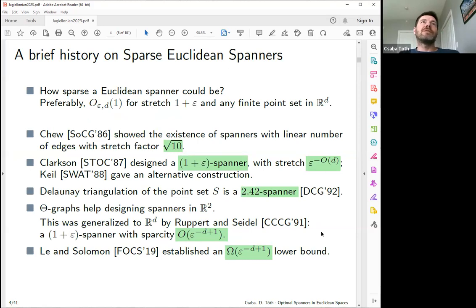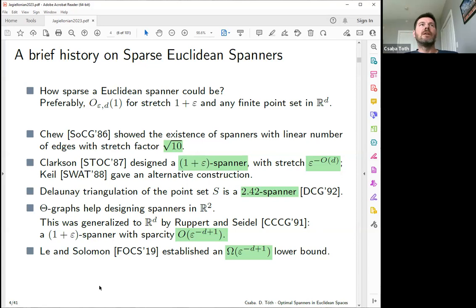The first question is: what is the best we can say about sparsity in Euclidean spanners? As opposed to the general graph setting, here the stretch could be arbitrarily close to 1. For any epsilon, one can find a 1 plus epsilon spanner, which is also sparse.